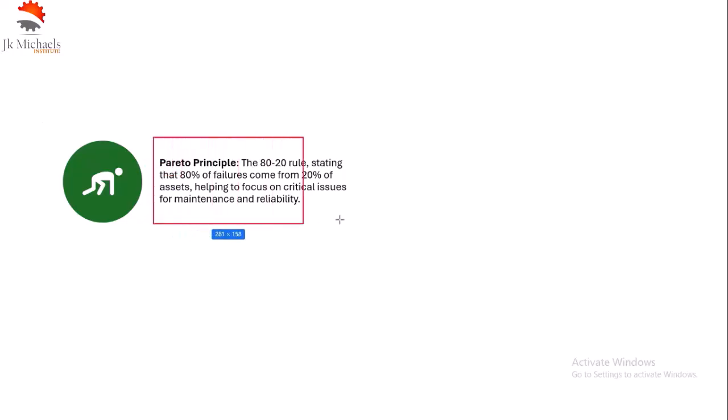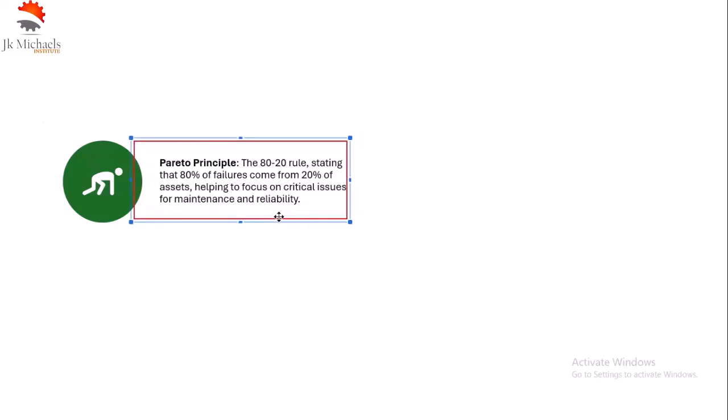So 80% of failures will come from only 20% of assets when the Pareto principle is applied to maintenance and reliability. Only 20% of assets will generate 80% of failures. It helps us to be able to focus on critical issues for maintenance and reliability.